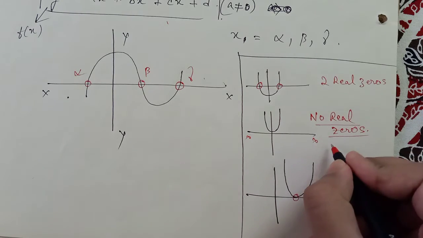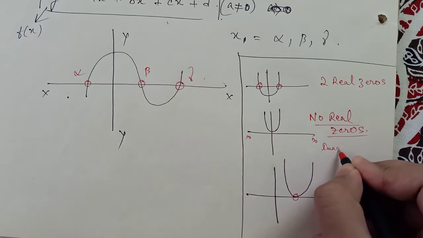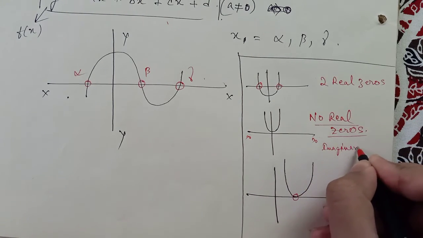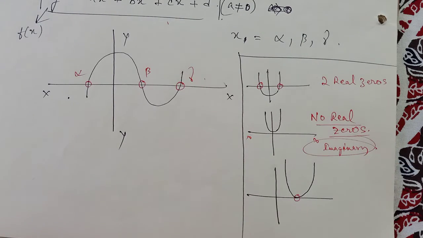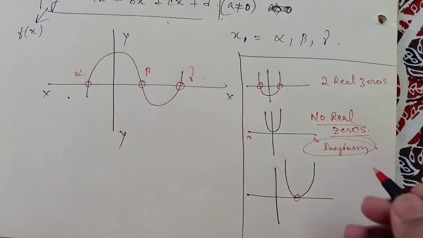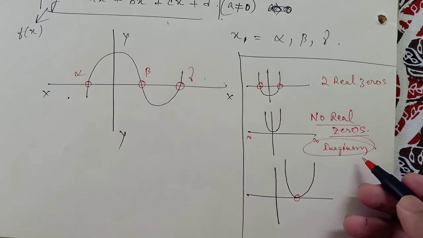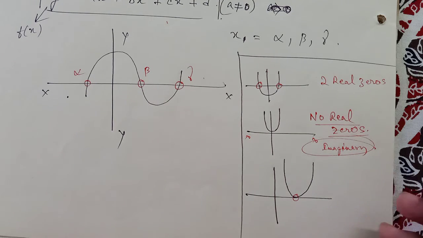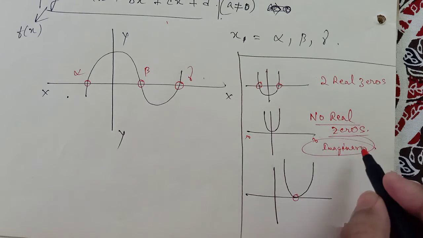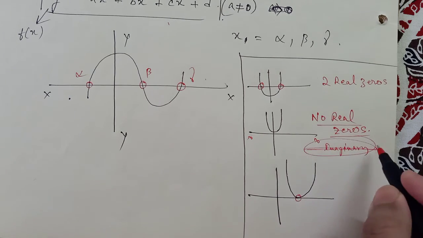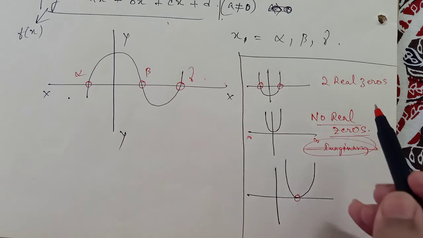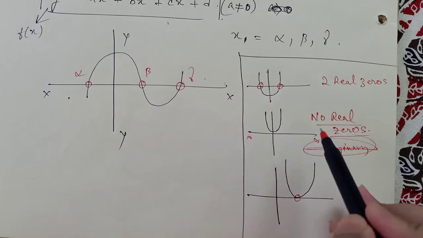In this case you will have some imaginary zeros. You'll learn more about imaginary numbers, or complex numbers, in your higher classes, that is in class 11 or 12. As of now you don't need to know what an imaginary number is for your class 10 at least. You just need to know that there will be no real zeros.